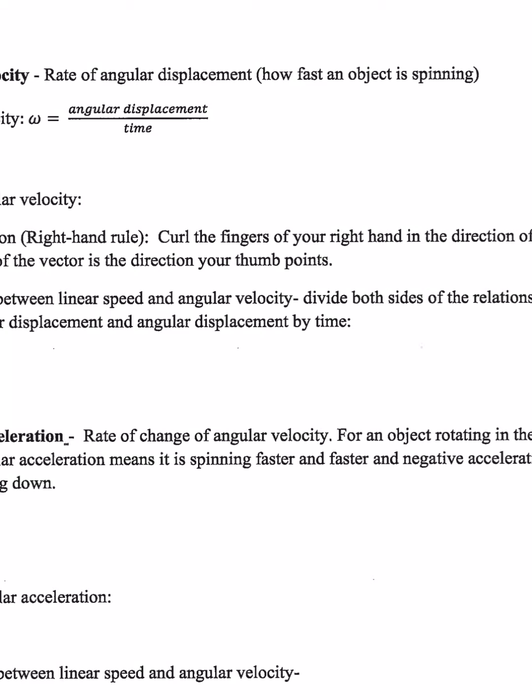If it's going counterclockwise, guess which direction the velocity is going? It's the direction your thumb is pointing. So it's coming out of the axis. Now, what if it's going clockwise? Now the velocity is going down, or into the page.